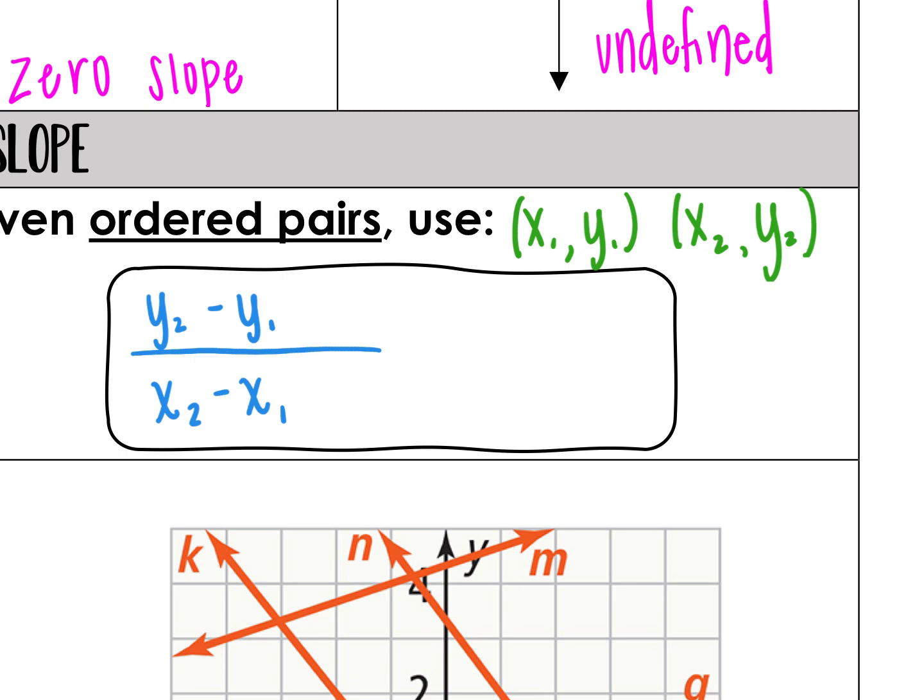It doesn't matter which one's the first point and which one's the second point. You can just write it as y1 minus y2 over x1 minus x2. The order doesn't matter as long as you keep that order consistent. The numerator and denominator do matter. The y's are in the numerator, the x's are in the denominator. So it's the rise, the change in y's, over the change in x's.